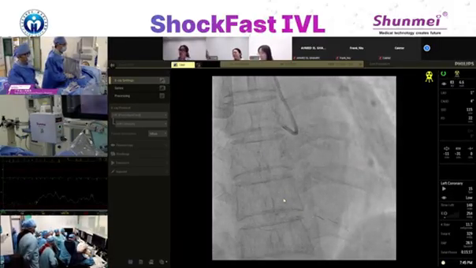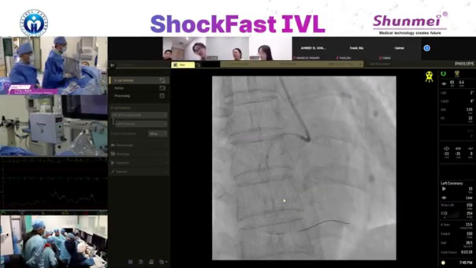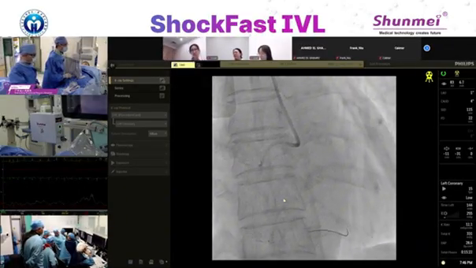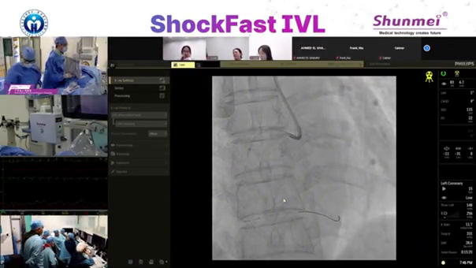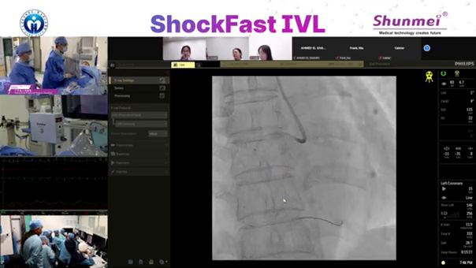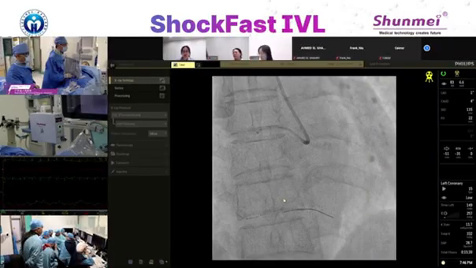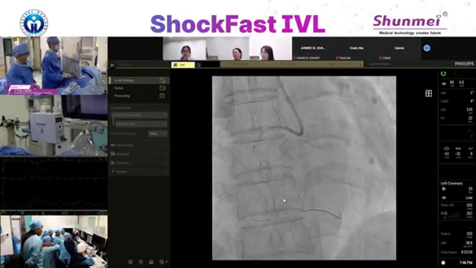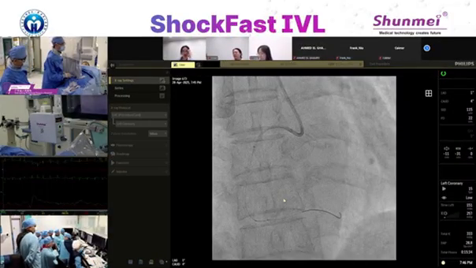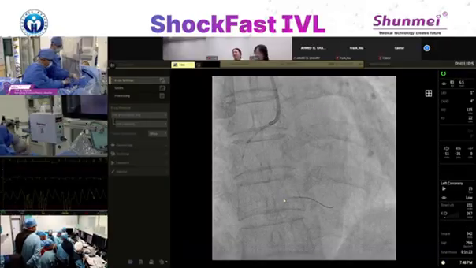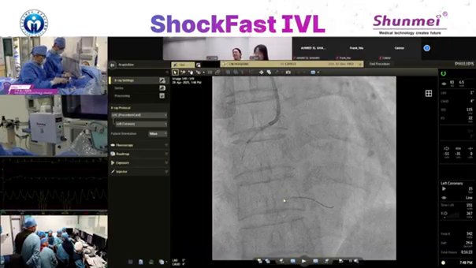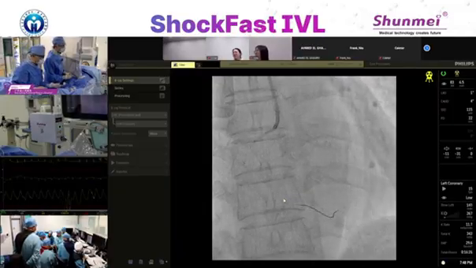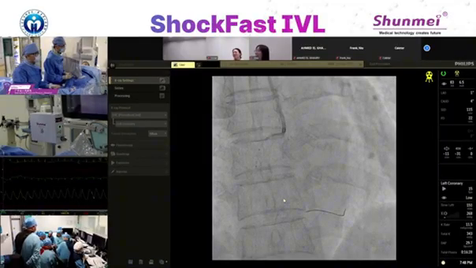Oh, shock fast. Sometimes we can never be fast. No? You get stuck here. Okay, I'll leave it, the IVL balloon. Okay, deflated. The IVL balloon has some difficulty to cross.